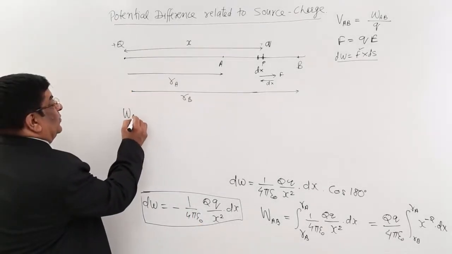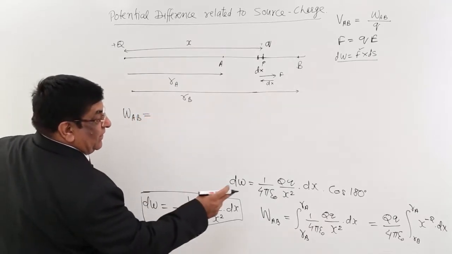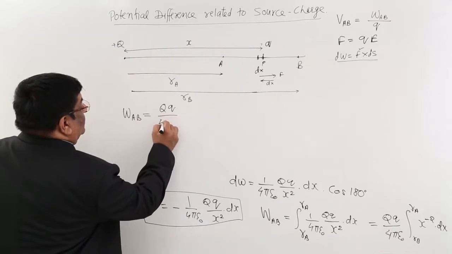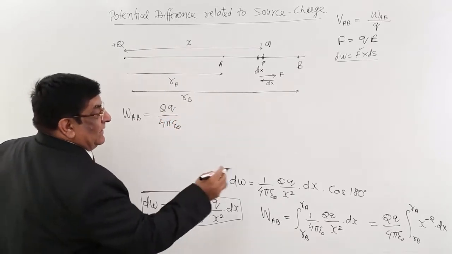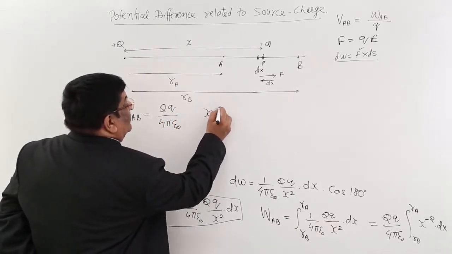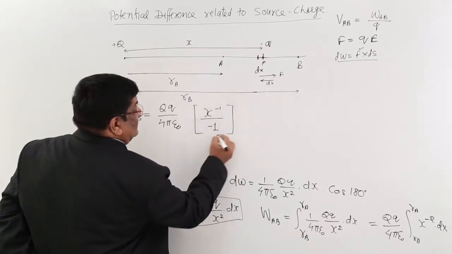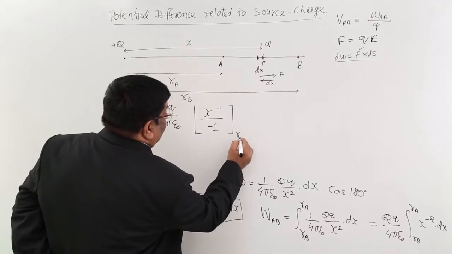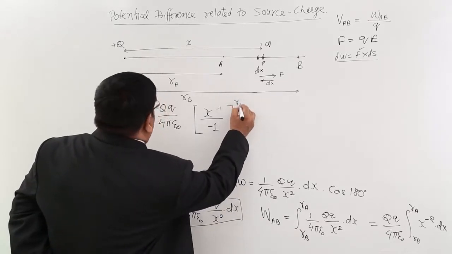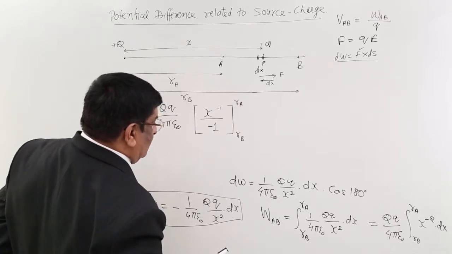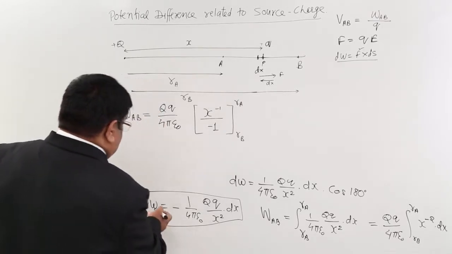Work done up to A from B is equal to q upon 4 pi epsilon naught, and that is x to the power minus 1 upon minus 1, and this has limits RB to RA. And is there any sign negative? Yes, negative.